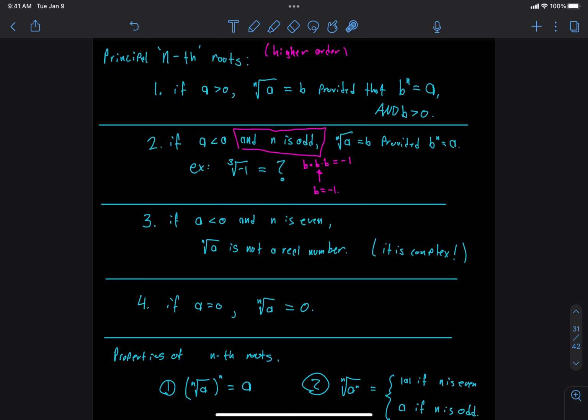Who can tell me what is the potential trouble with taking even roots that we don't have to worry about when we're doing odd roots? Negatives, right? I cannot take an even-powered root of a negative number, but I can take an odd-powered root of a negative number.